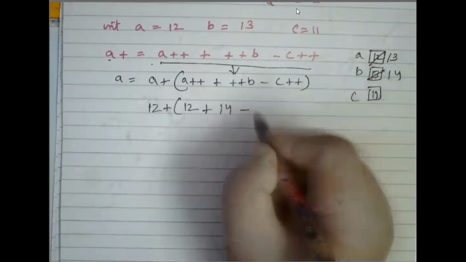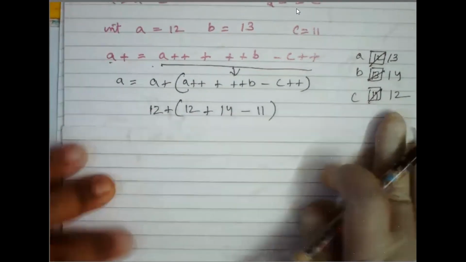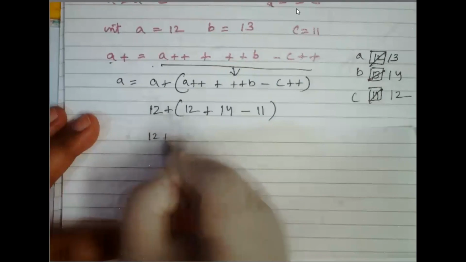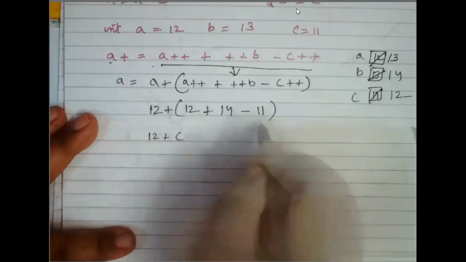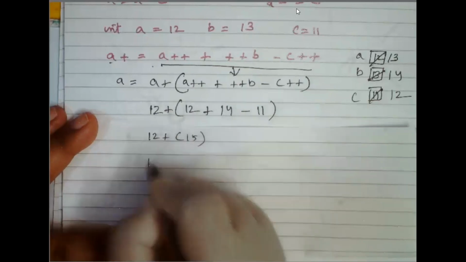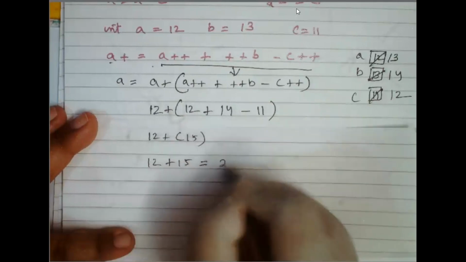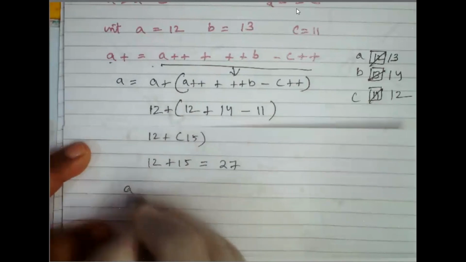So 11 will be used first, then it will change to 12. After solving the expression within the bracket, I get 12 plus 14 minus 11, so the result is 15. So 12 plus 15 gives 27. A's value has now become 27.